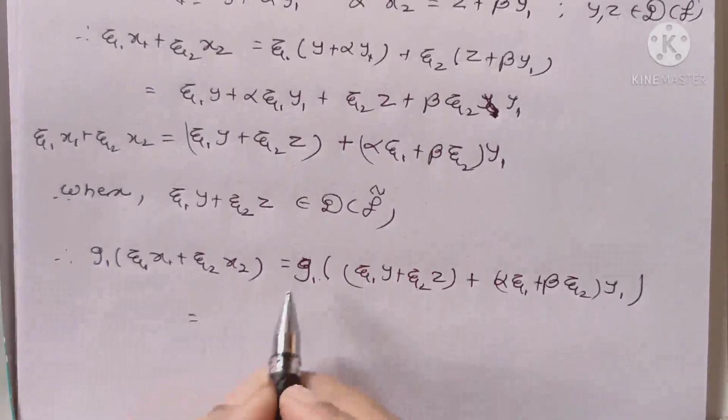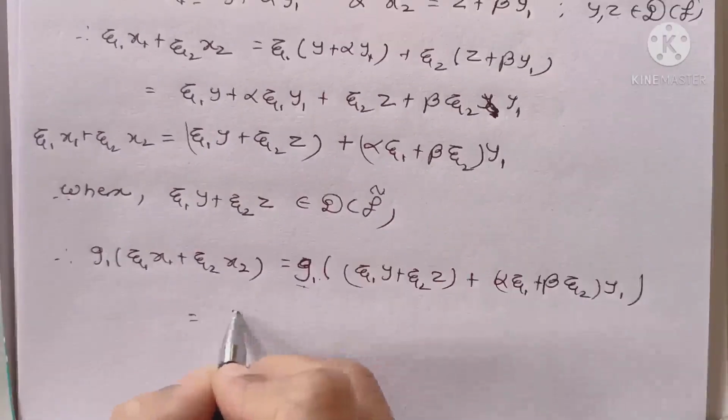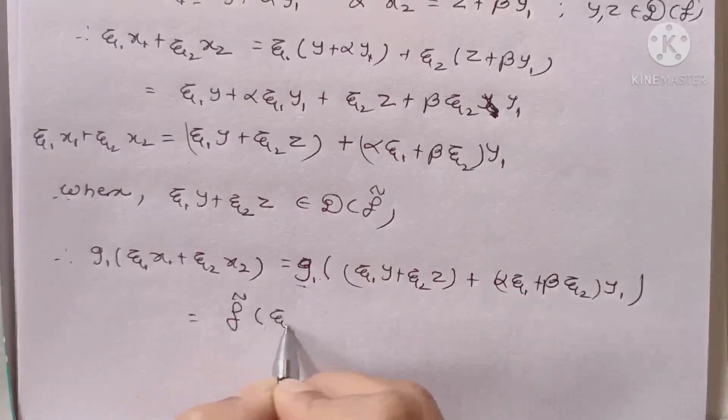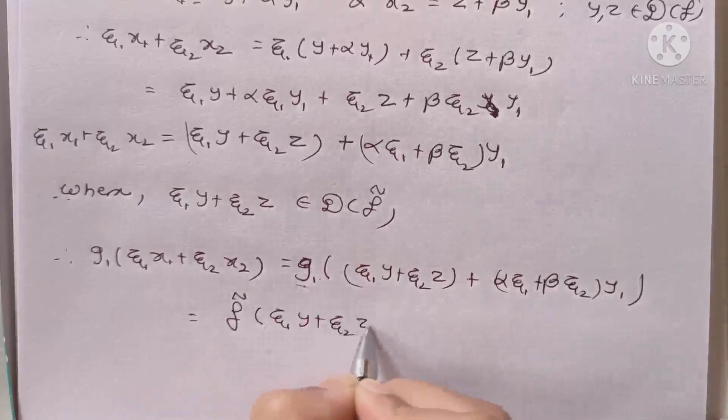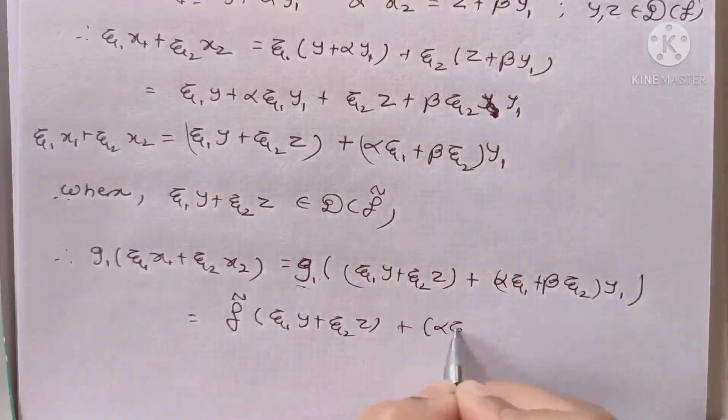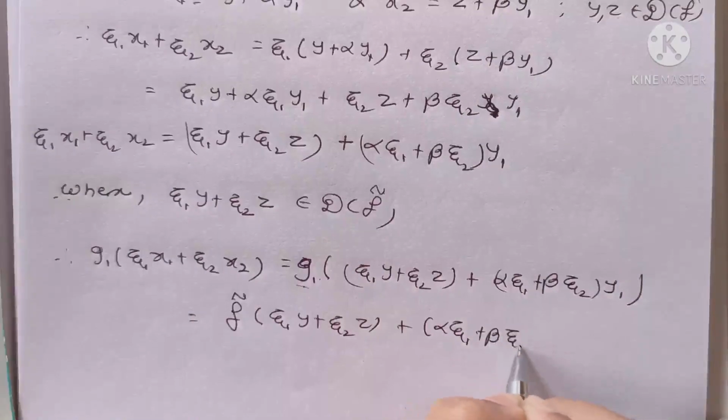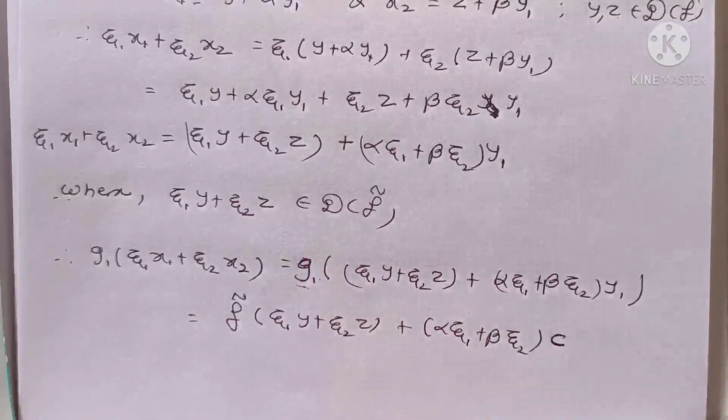By definition of g1, it equals f tilde of (xi1 y plus xi2 z) plus (alpha xi1 plus beta xi2) into c.